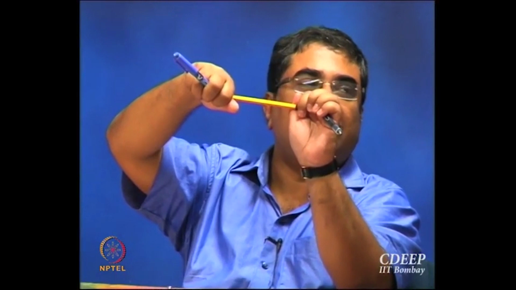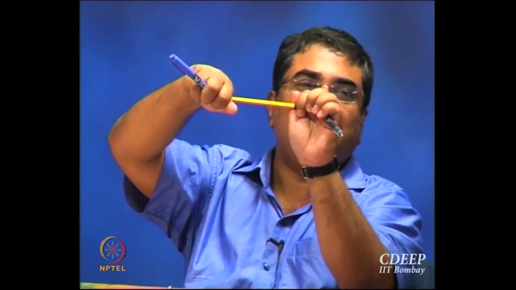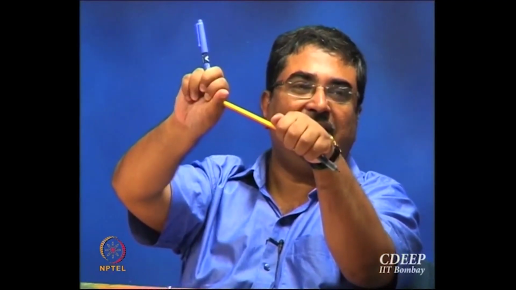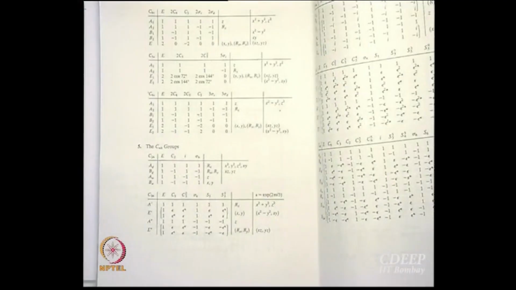Then what is next? I? I will be -1 and sigma h is -1. So 1, 1, -1, -1, what is that? Au?